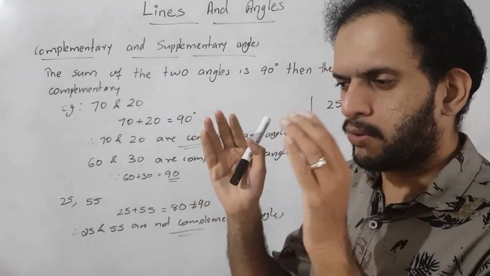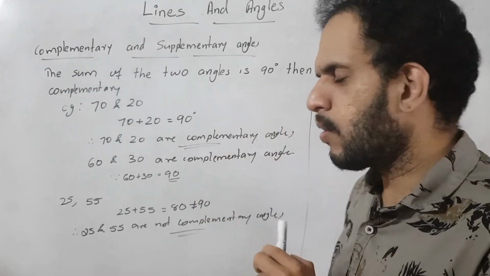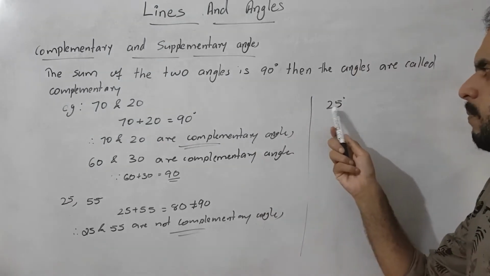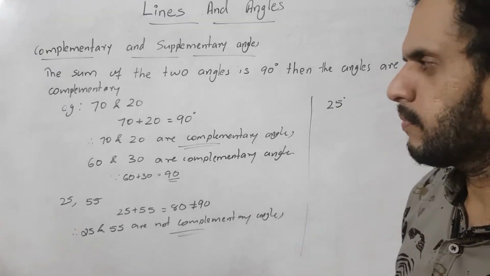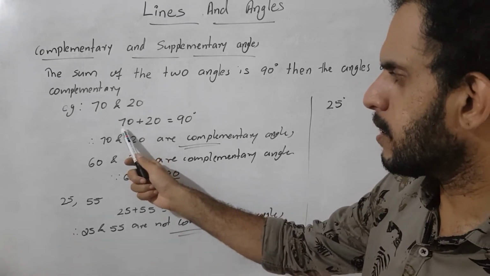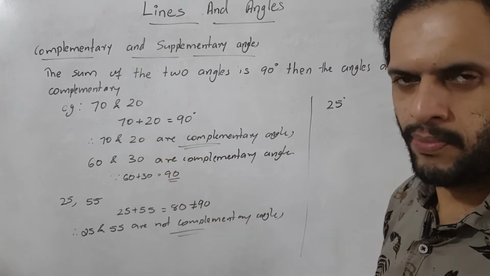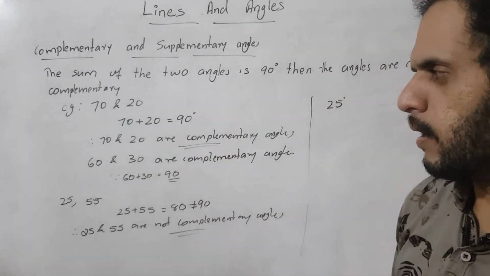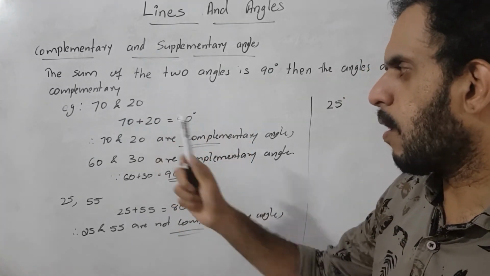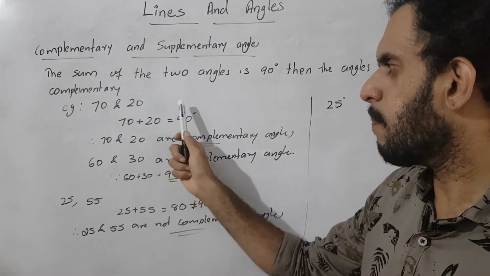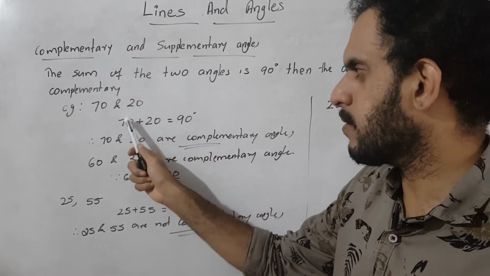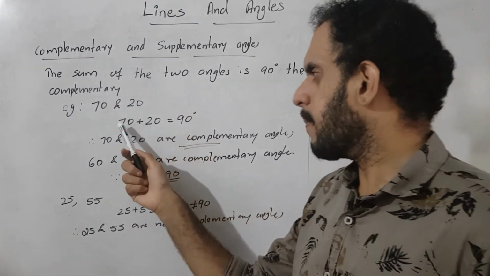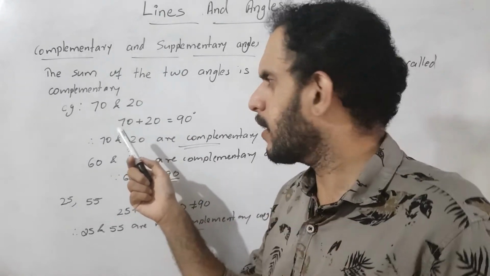How do we get 70 based on 20 and 90? 70 is 90 minus 20. Then how do we find the complement of 20? The complement of 20 is 90 minus 20, which is 70. 70 and 20 are complementary angles. How do we get the complement of 70? The complement of 70 is very clear, that is 20, correct?